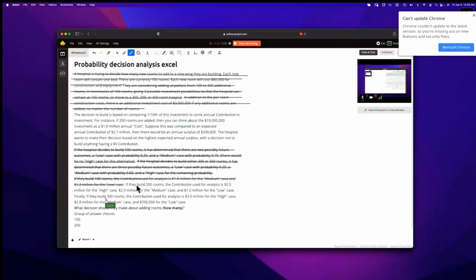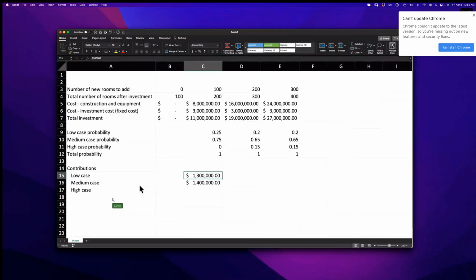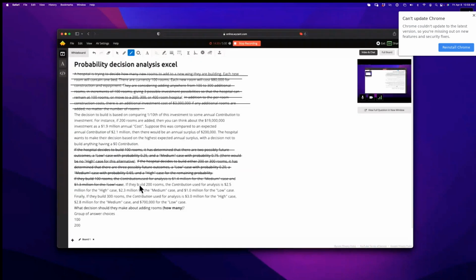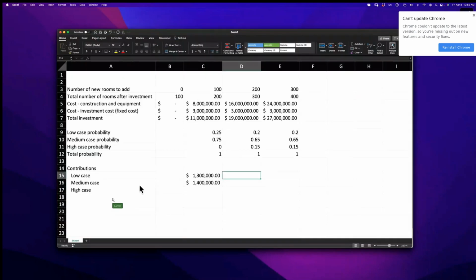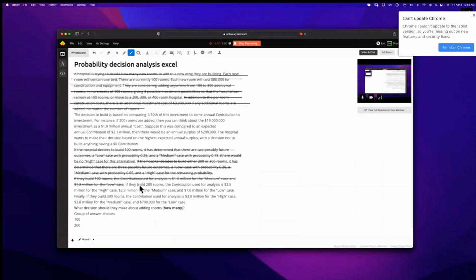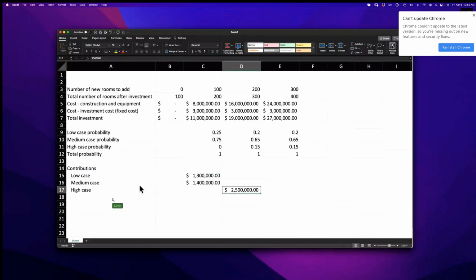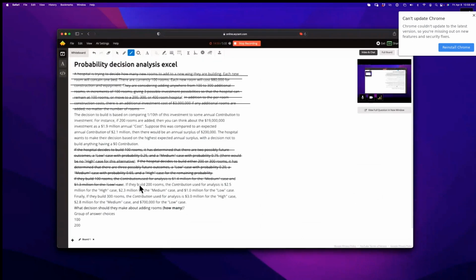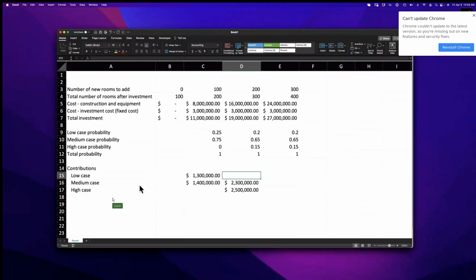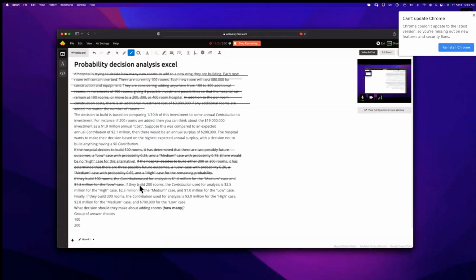Now, if they build 200 rooms, the contribution used for analysis is 2.5 million for the high case, 2.3 million for the medium, and 1 million for the low case for 200 rooms.